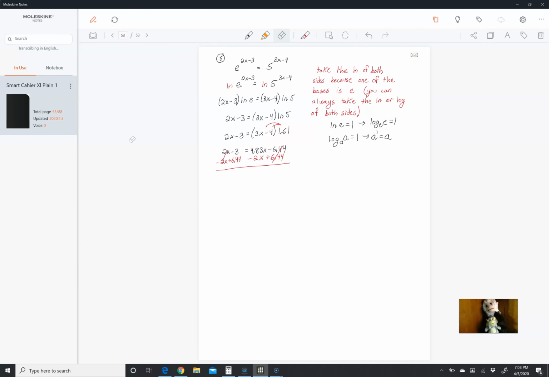The .44 cancels, the 2x cancels, and what we're left with is 3.44 on this side and 2.83x on this side. We're going to divide both sides by 2.83.